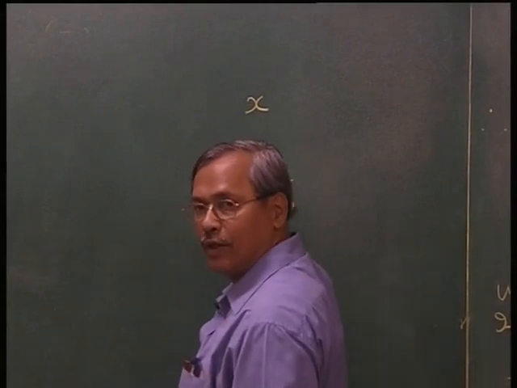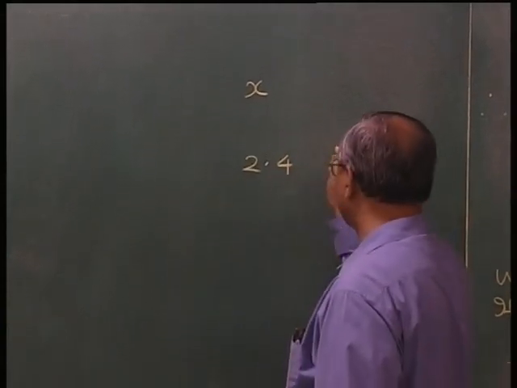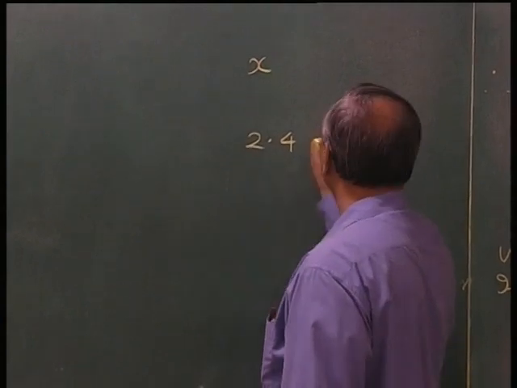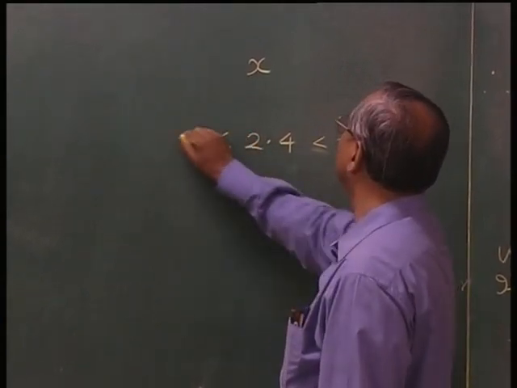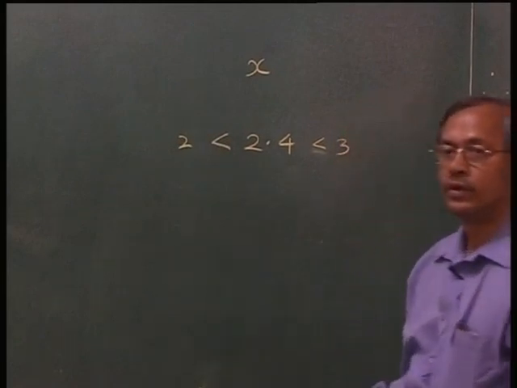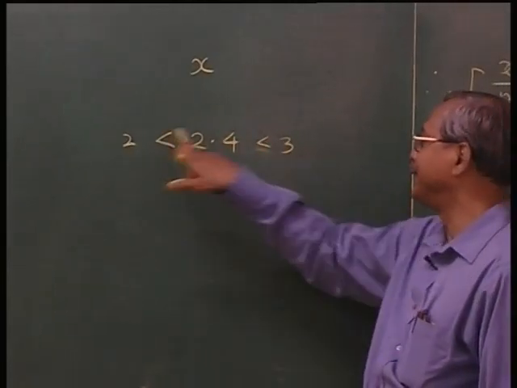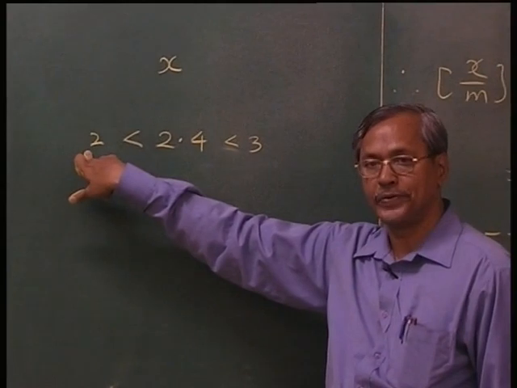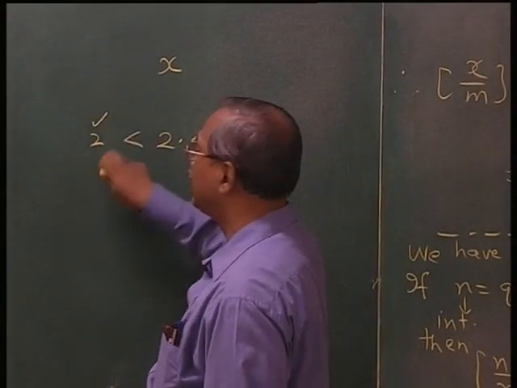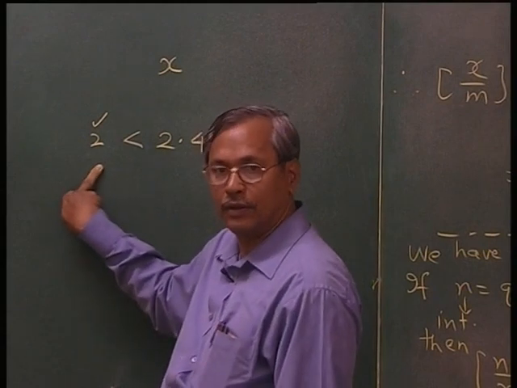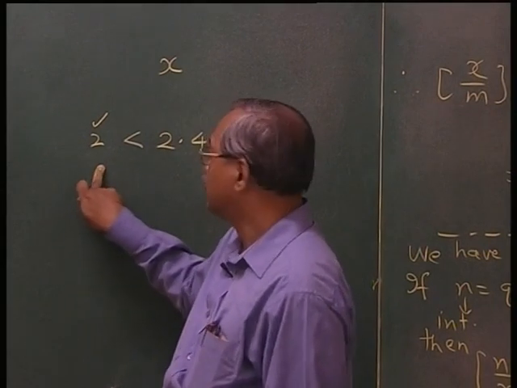X is 2.4. What is the nearest integer to it? Now there are two numbers which are close from this side and this side. So this is less than 3 and this is bigger than 2. This is the closest integer from the right, this is the closest integer from the left. Out of which this number is the nearest integer.